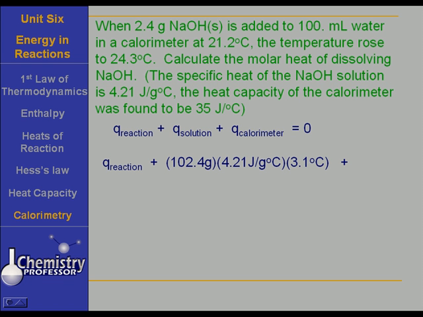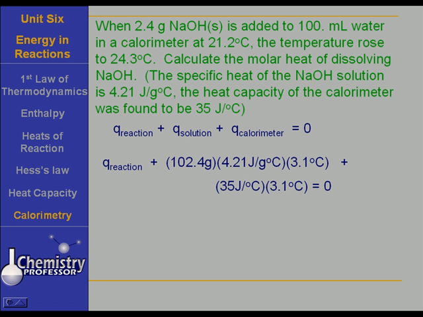Now, I was running out of room here, so I figured you could do the final temperature minus the initial temperature, can't you? Yeah. Plus the 35 joules per degree Celsius, remember that is the heat capacity of that calorimeter, times 3.1 degrees Celsius, because that's the temperature change the calorimeter is going to undergo.